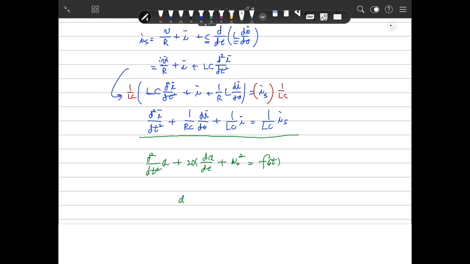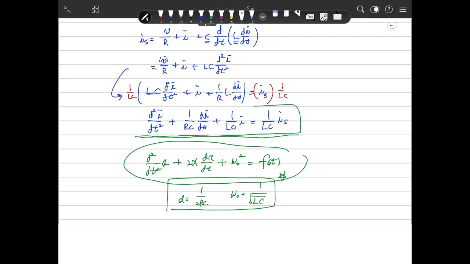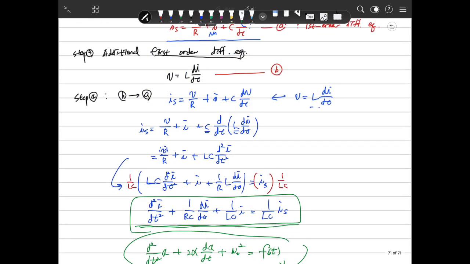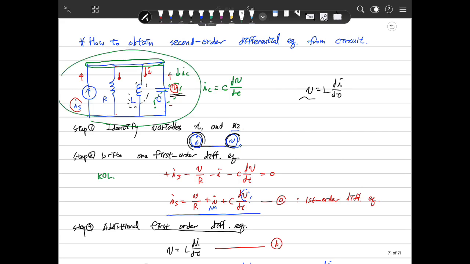So here alpha is 1 over 2RC and omega 0 will be 1 over root LC. So this is the general form. Then this is the second order differential equation describing the characteristic of this electric circuit. This is the way to obtain the second order differential equation from the circuit.